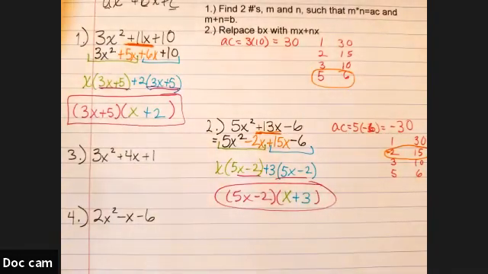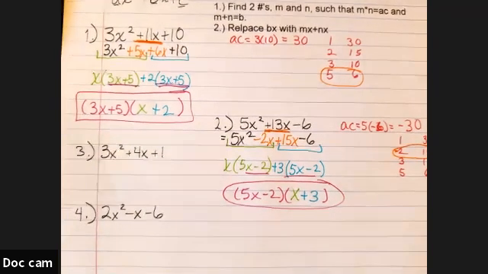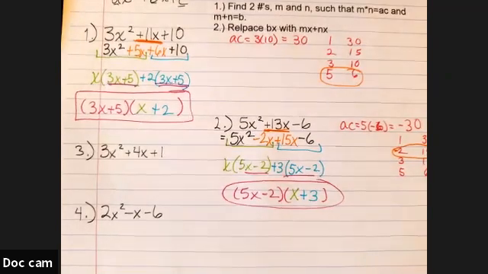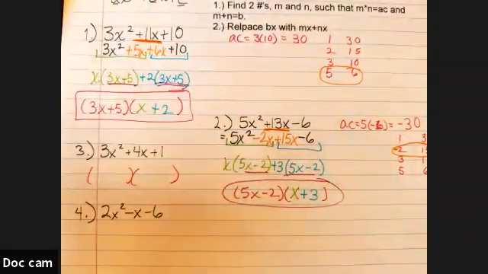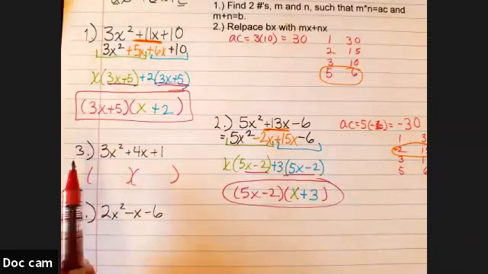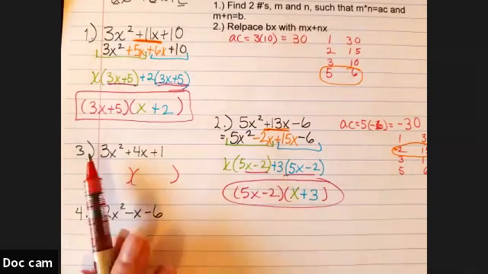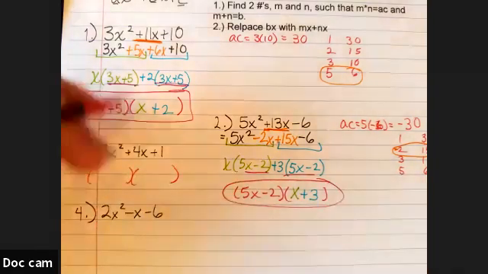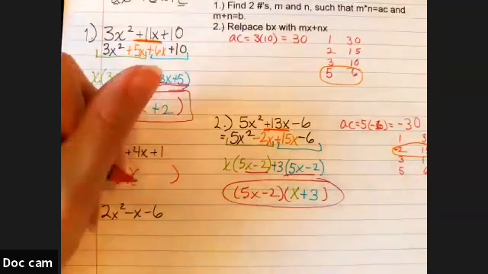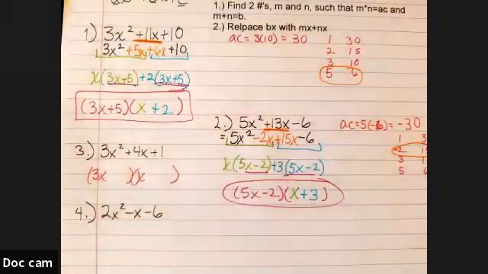All right. And I mentioned that you can also use guess and check. So like number 3 is actually a really easy one to just sort of guess and check on. So I would just write down 2 sets of parentheses. And then in order to get 3x squared, the only option, because the only 2 numbers that multiply to 3 is 1 and 3, so you would have to have 3x and x, like that.